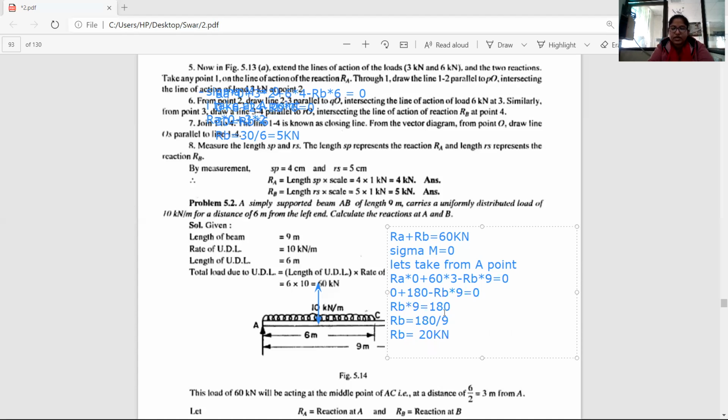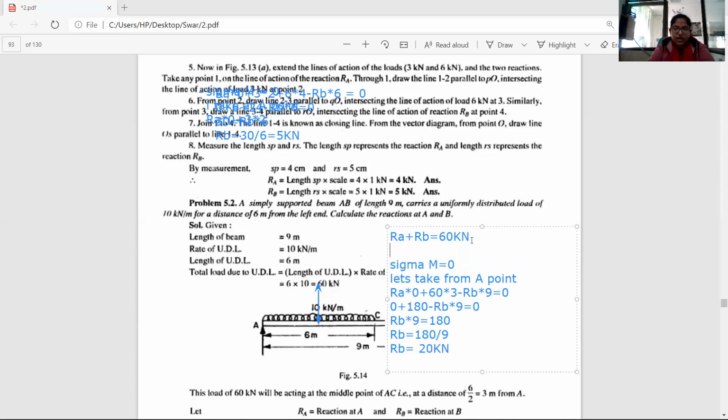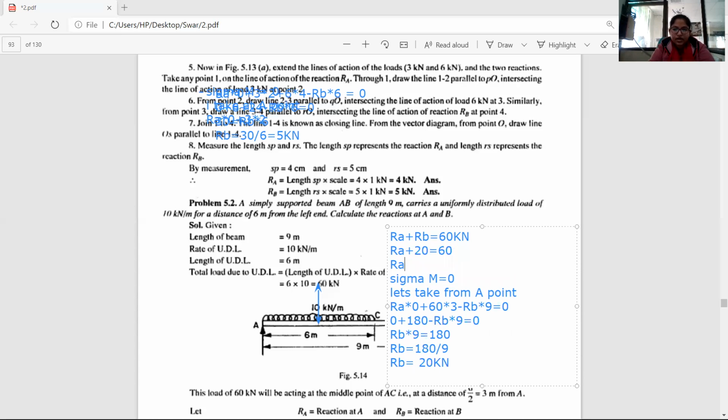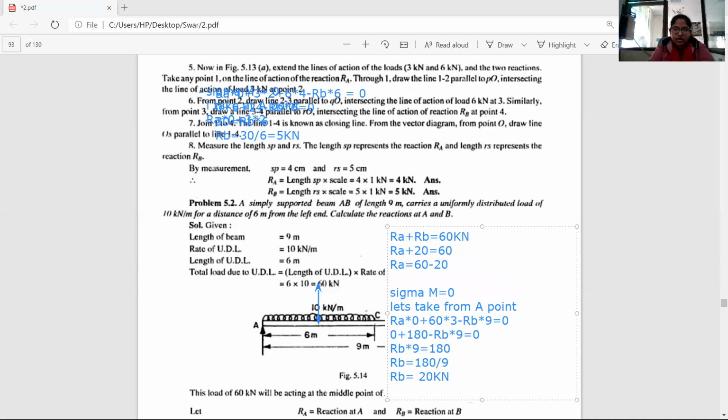Done. Put this Rb value in this equation. Then Ra plus Rb value, 20, equals to 60. Then Ra is equal to 60 minus 20. Then Ra value will be 40 kilonewton.